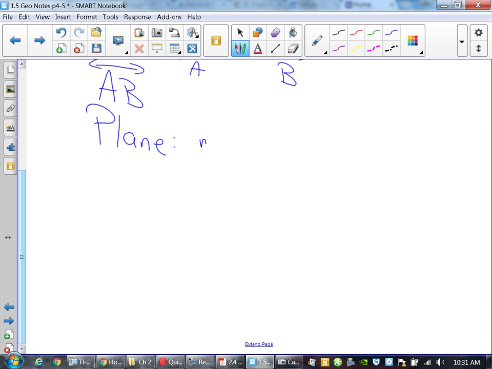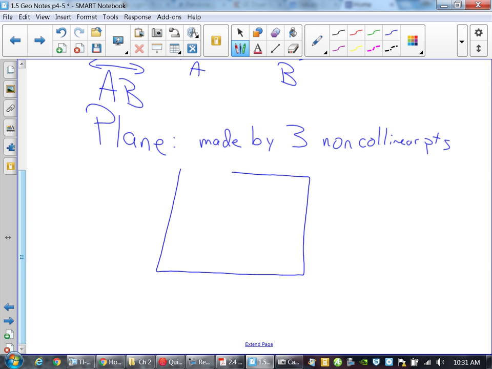Now, more specifically, what type of points? A plane is made up by 3. What kind of points? Should it be collinear or non-collinear? Non-collinear. They have to be 3 non-collinear points. Because if they wind up being collinear, it would just show that it's a line.